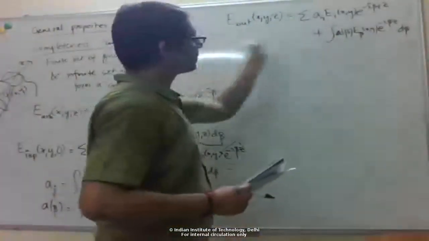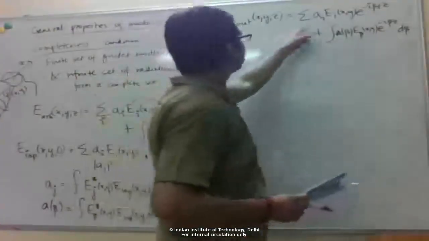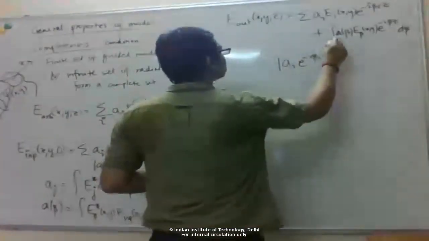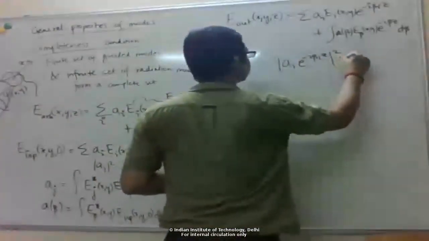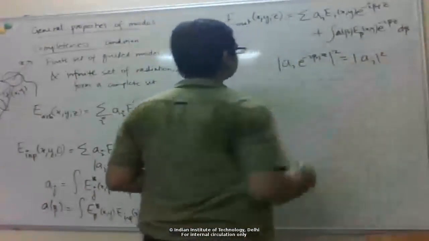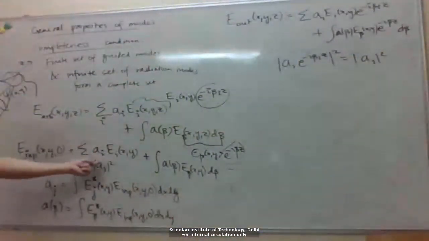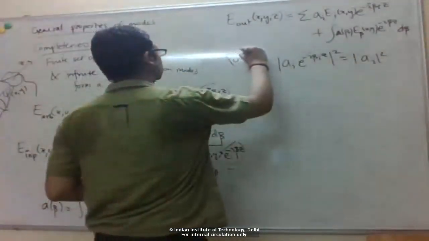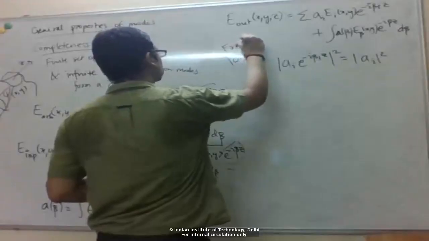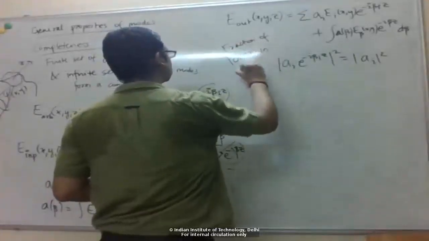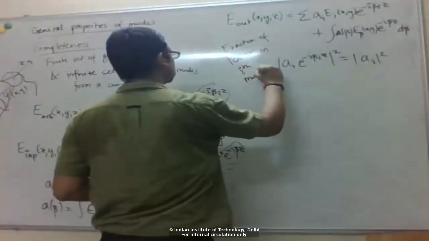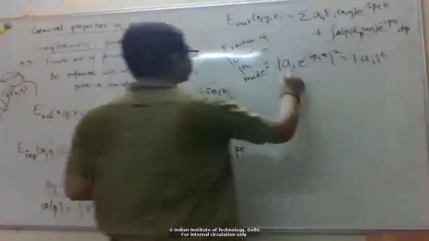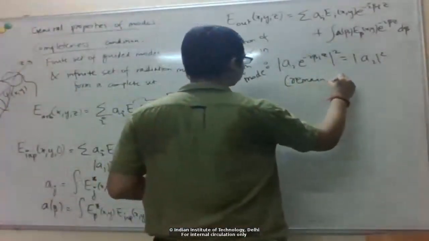So even after a distance z, the power in the ith mode is just the modulus of the coefficient here, which is |a_i|², the fraction launched at the input. Okay?